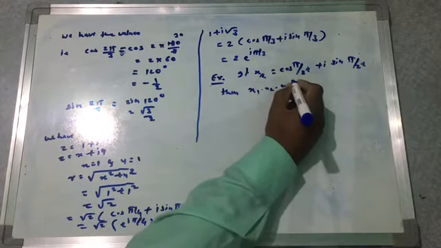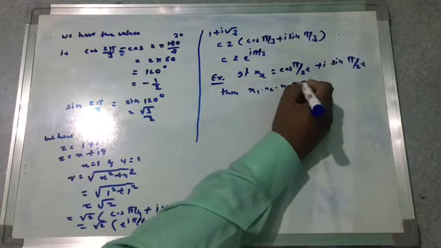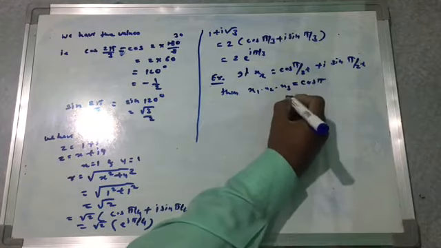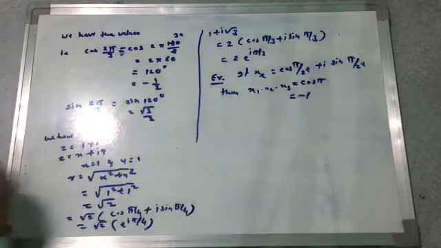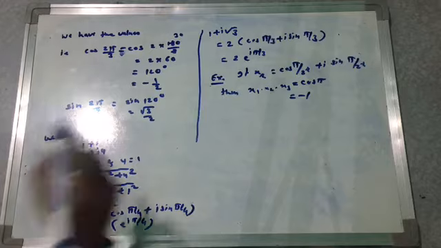This is equal to x1 into x2 into x3 is equal to cos pi, and this is equal to minus 1. So we have to remember all this. Again we have the result.